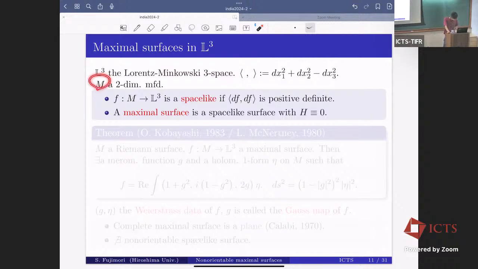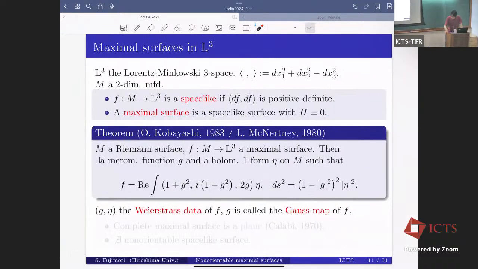Let M be a two-dimensional manifold, and F is called space-like if the induced metric on the tangent plane is positive definite. We call the surface a maximal surface if it is a space-like surface with vanishing mean curvature.